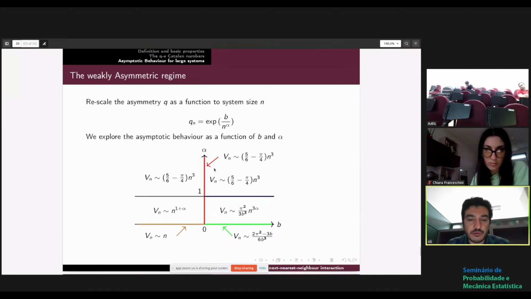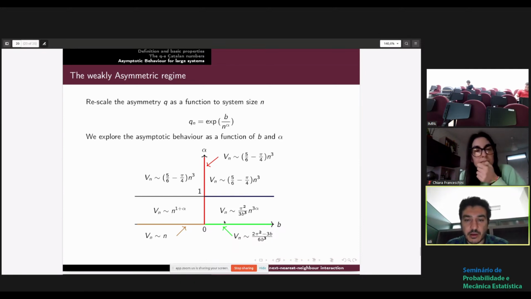For instance, I choose one example, which is the variance, and here I have much fewer analytical tools, so I mostly relied on numerics. This part is still under investigation, and we found that there is indeed rich behavior in terms of the asymptotics as a function of B and alpha.